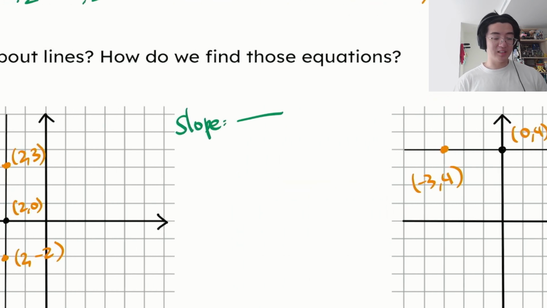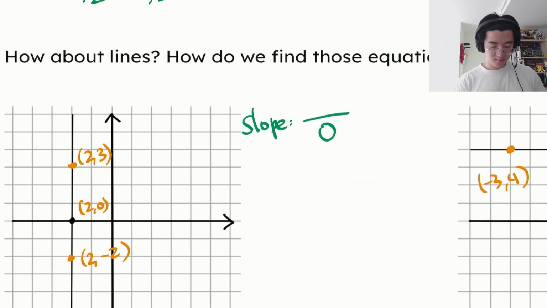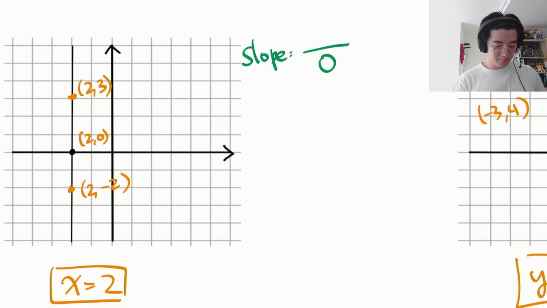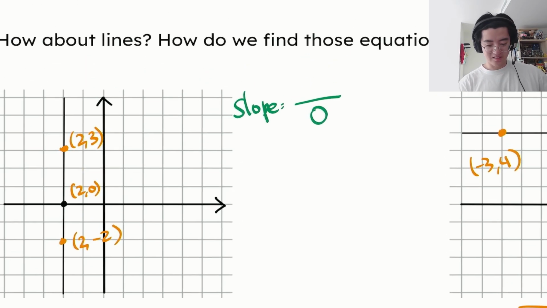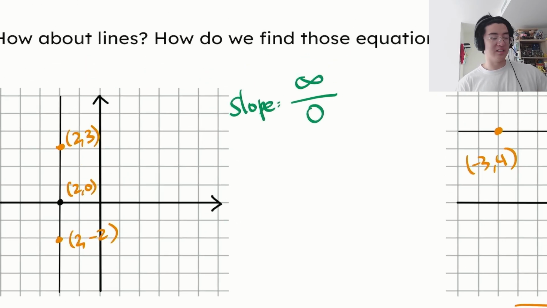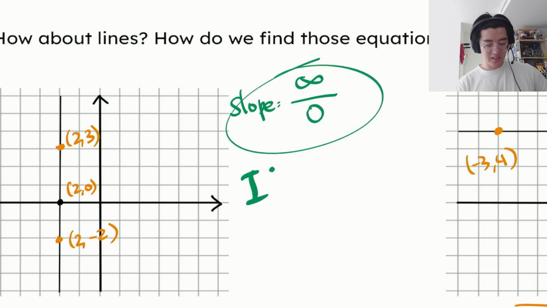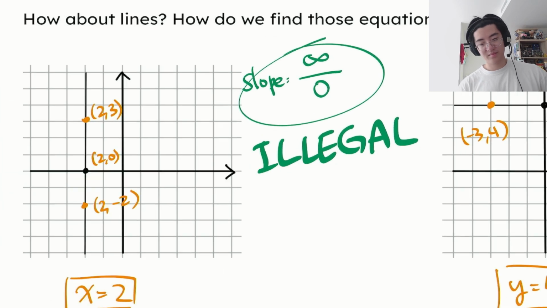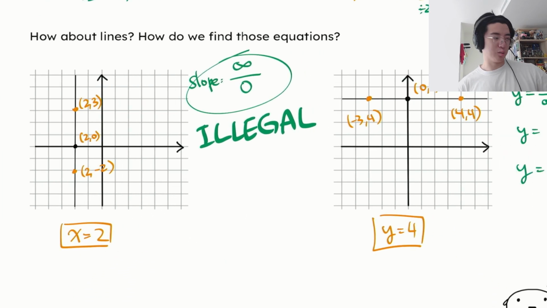But in this case, the run is 0. Because we can see that no matter where you go, the left and right doesn't change. The x value is always the same. But as you can see here, it's something divided by 0. It could be infinity, right? It could be any number divided by 0, which is illegal. We cannot do that in math. We cannot divide numbers by 0. So we don't really have an equation for this one.